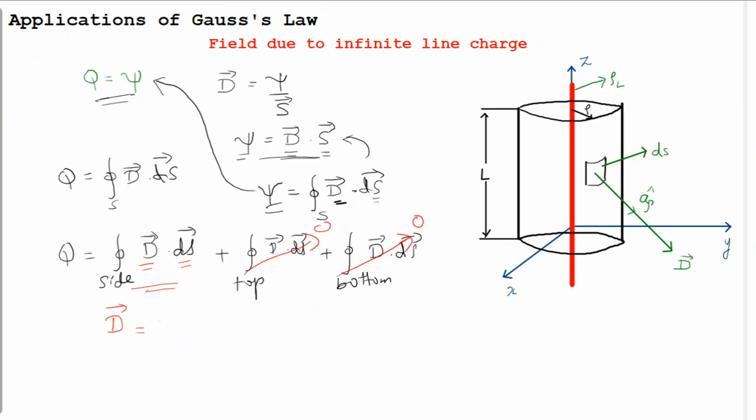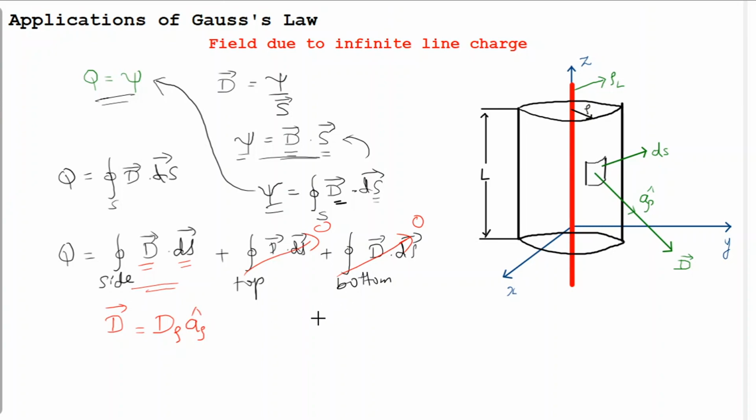So the magnitude of the D vector can be written as D rho. Why? Because D is only in the rho direction, a rho cap. So the D vector in the rho direction can be written as D rho a rho cap.